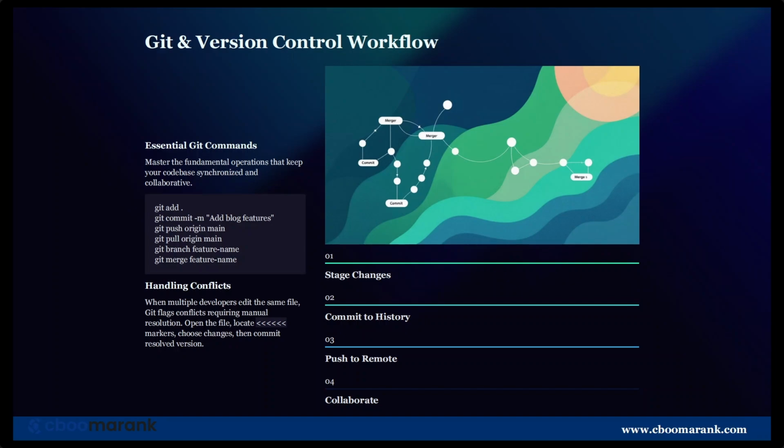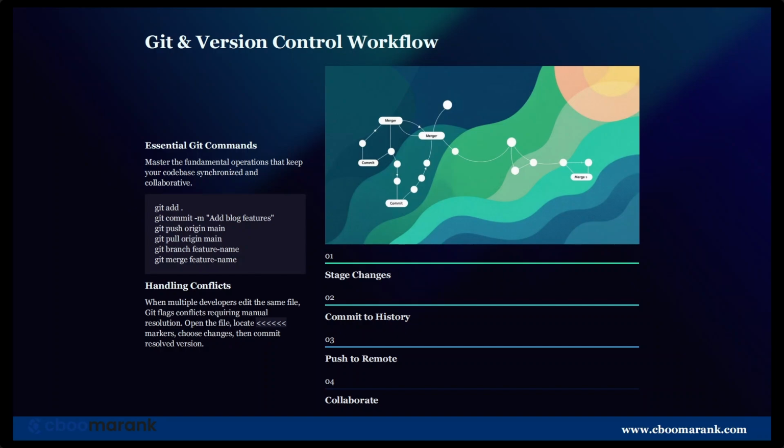Before we deploy anything, we need a way to manage our code. So this is where Git comes in. Git allows us to track changes, manage versions, and collaborate with other developers. The basic workflow is simple.